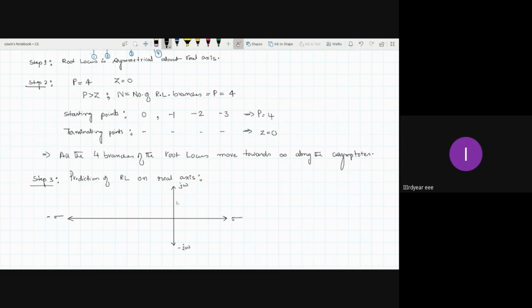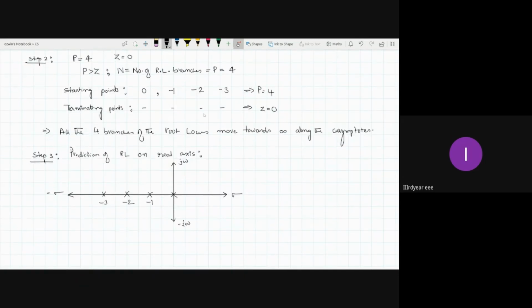You have a pole at the origin, a pole at -1, a pole at -2, and a pole at -3. What you have to do is take a small section just on the right hand side of the pole.